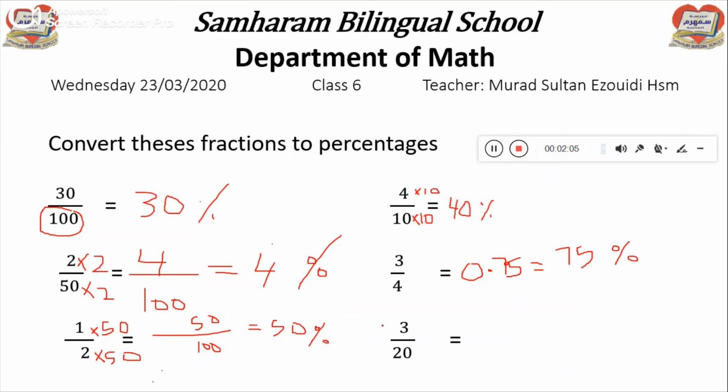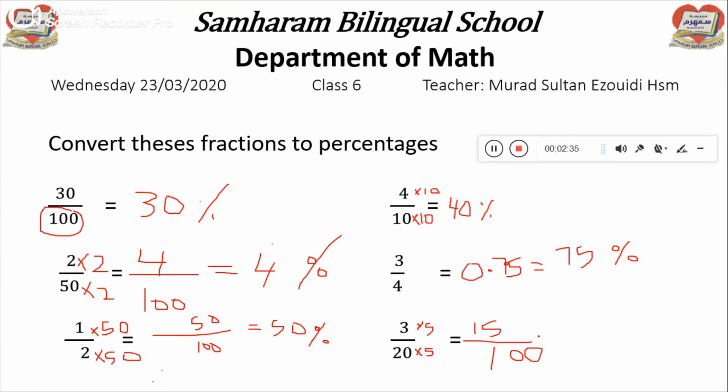Then the last one, 3 divided by 20. I will multiply this by what, my kids? By 5, and the denominator by 5. Why? To get the value of the denominator equal to 100. So the denominator now is 100, and 5 times 3 is 15. The numerator is 15.